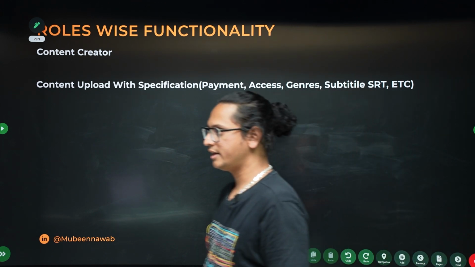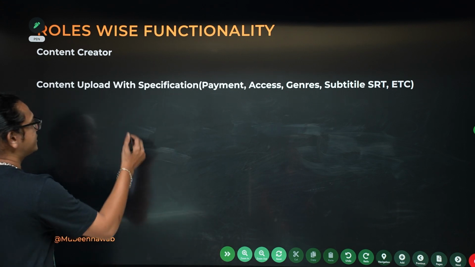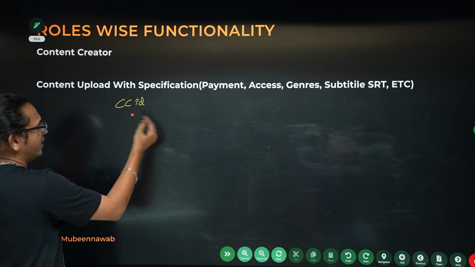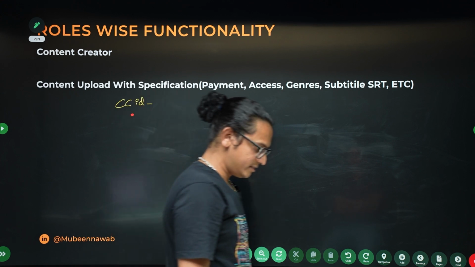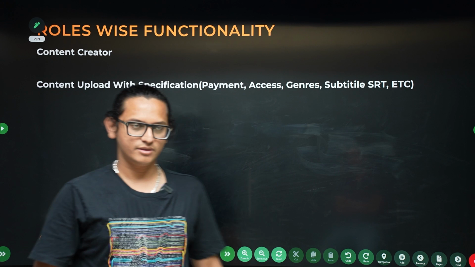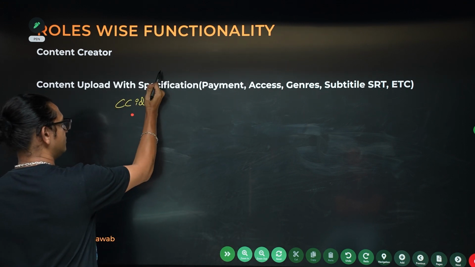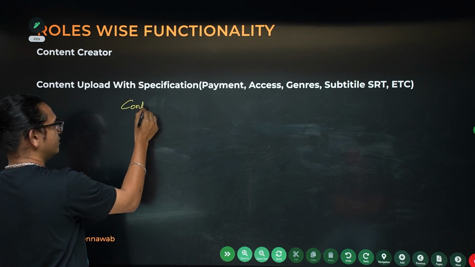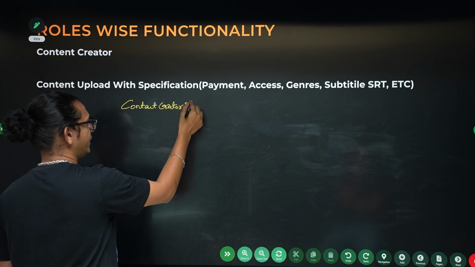And for the content creator, let's say a content creator ID, CC ID, has been generated in the database. This person will have a space. First, the content creator ID is needed.